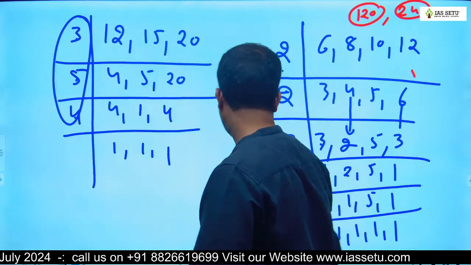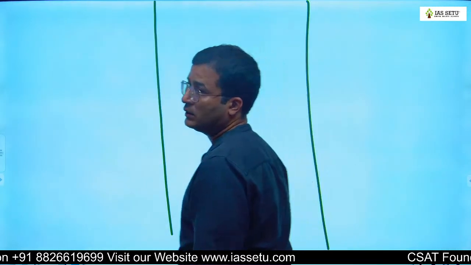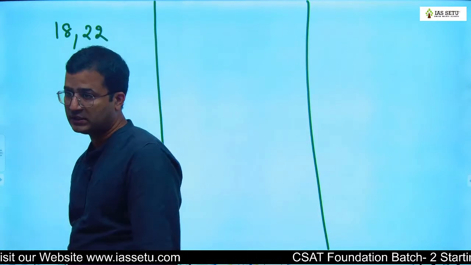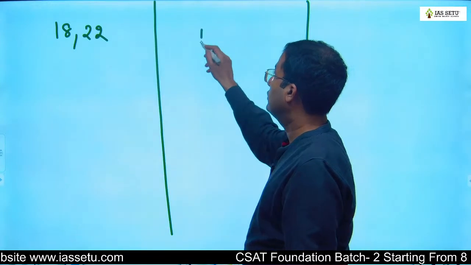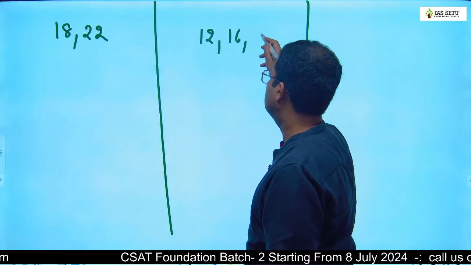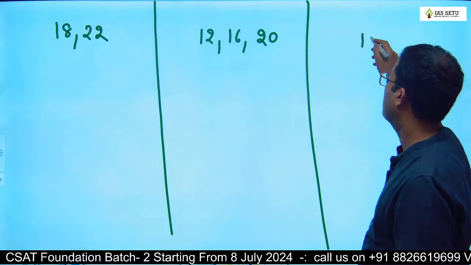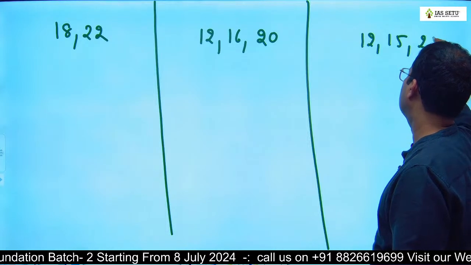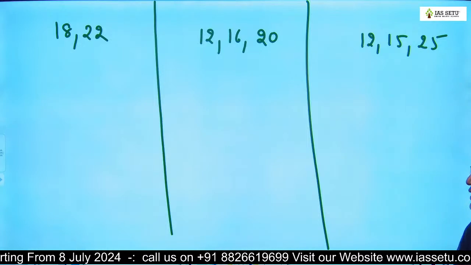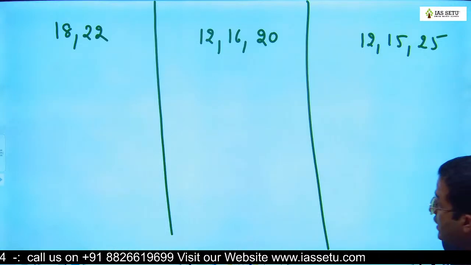I ask you 3 questions: find the LCM of 18 and 22, find the LCM of 12, 16, 20, find the LCM of 12, 15. Take your time, go slow.